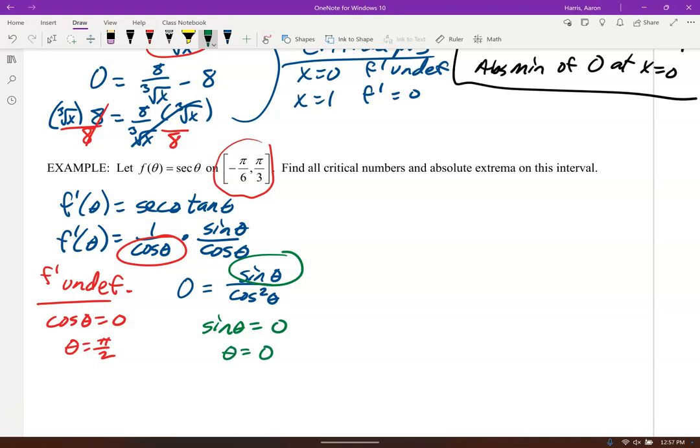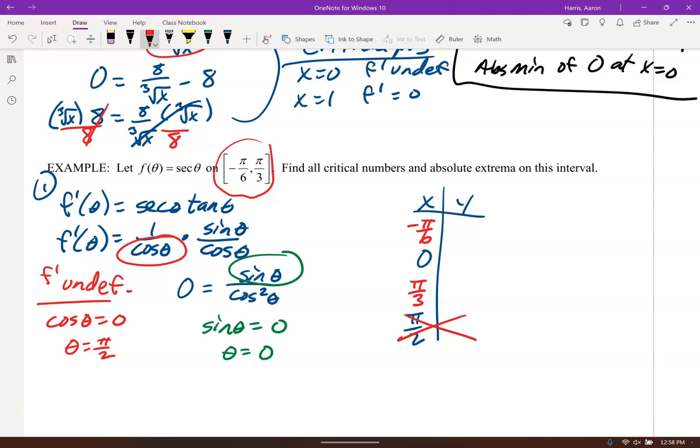I also know the sine of pi is 0, 2 pi, and so on, but those are outside that -pi/6 to pi/3 range. So this was step 1, these are my critical points. Put them on my graph. I have 0 and I have pi halves, but notice I'm only going from negative pi/6 to pi/3. Pi halves, where it was undefined, is outside the interval I'm examining, so I'm going to forget about it.